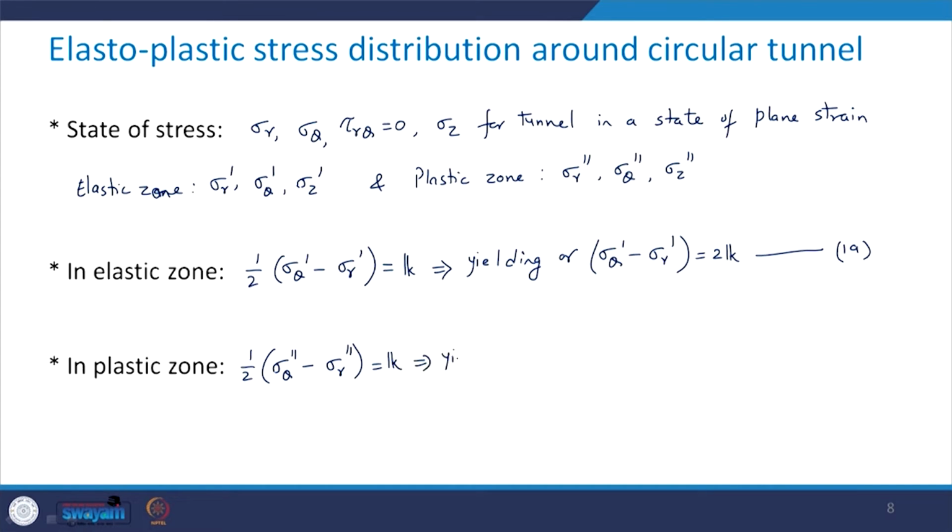Here the yielding is continuous, or we can write this equation in this particular form as sigma theta double prime minus sigma r double prime is equal to 2 kappa. This is equation number 1b.